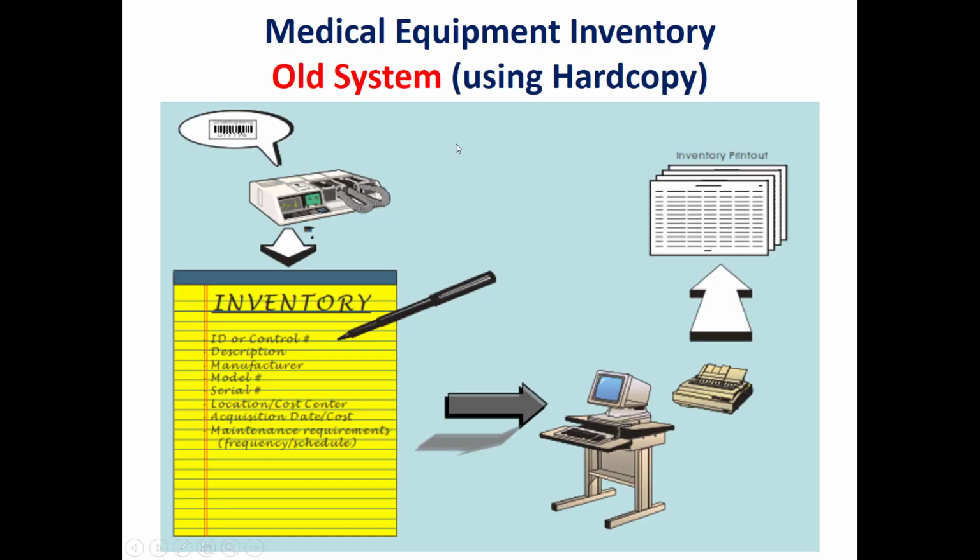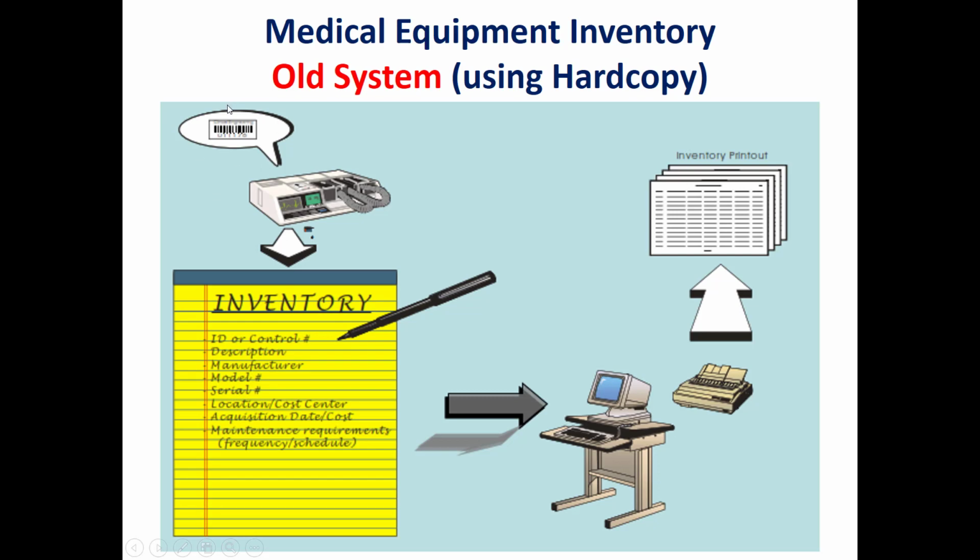To clarify the difference between the old system and the new computerized system, we'll start with the first policy, which is related to the medical equipment inventory. As we can see in this slide, everything was documented using paper.